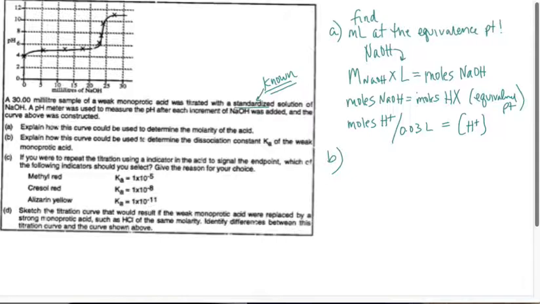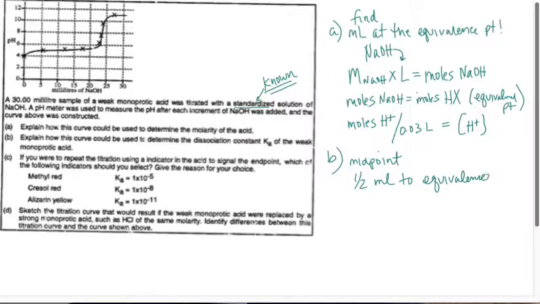Midpoint, exactly. Midpoint, or half equivalence point. So how do I find that? What do I do? Take half of the mils to the equivalence point, right?